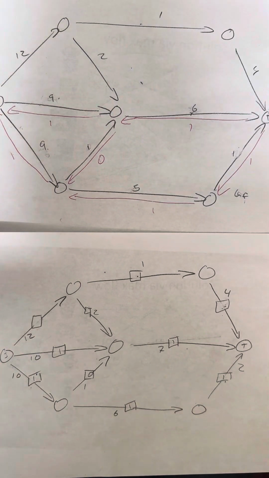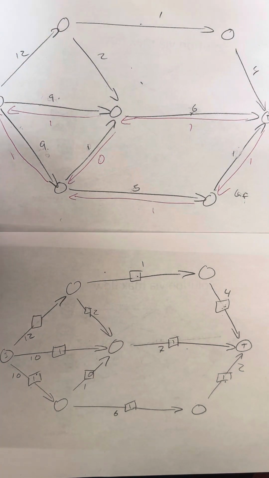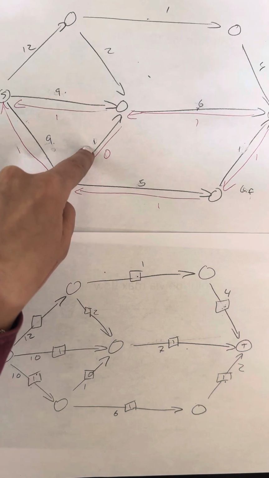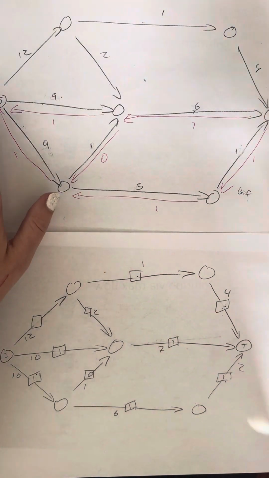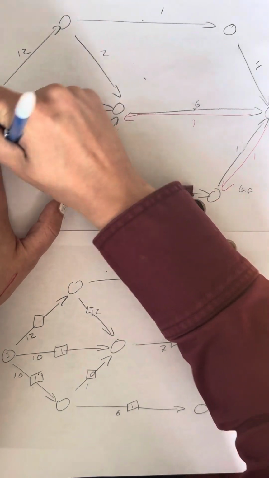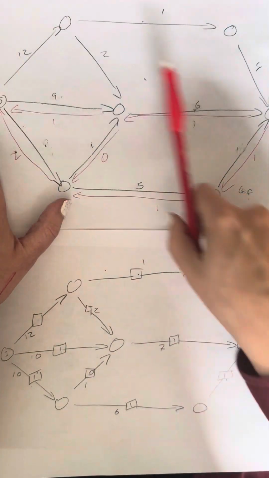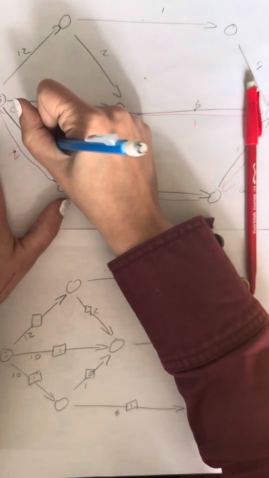Okay, so I see another one. Let's take 1, 1, 1 there, and our bottleneck is this 1 here. So I'm only going to be able to move 1 flow. So this one becomes 2 and 8.